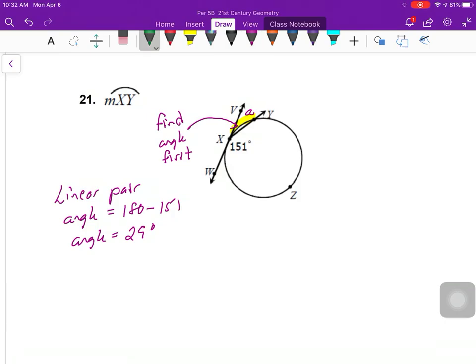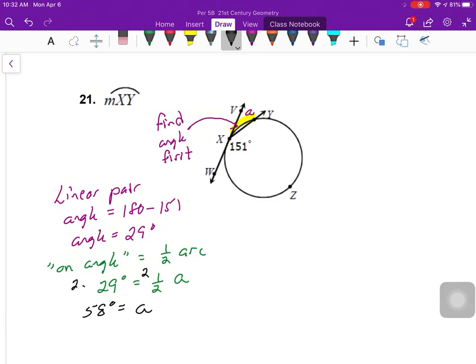So that angle will be equal to 29 degrees. And then what we have there is an on angle, and that will be equal to half of the arc. So the 29 degrees will equal half of A. We'll multiply by 2. 2 times 29, we get 58 degrees equals A. So the measure of arc XY will be 58 degrees.